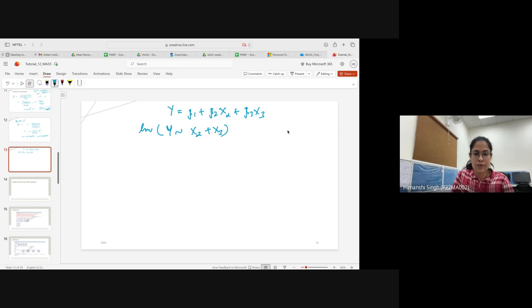If you use summary of lm, this command will give us a lot of information. We have already discussed that it will give us the beta i hats, basically the estimates of these.